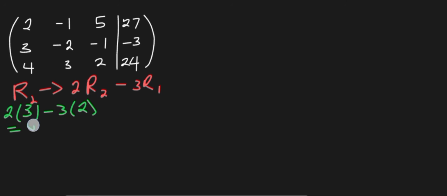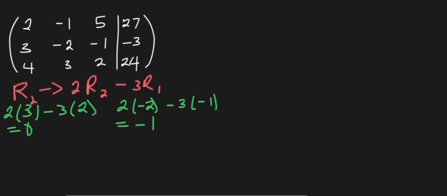That gives 0, 6 minus 6. For the second entry, it is 2 times -2 minus 3 times -1. This is going to be -4 plus 3, giving -1.